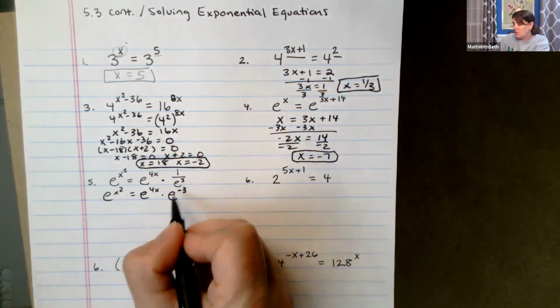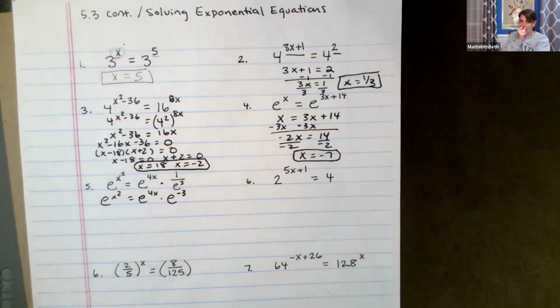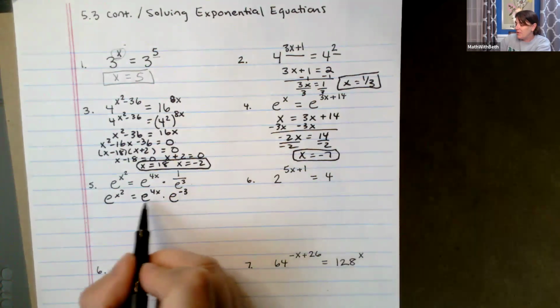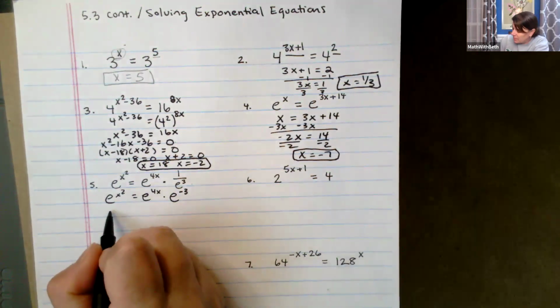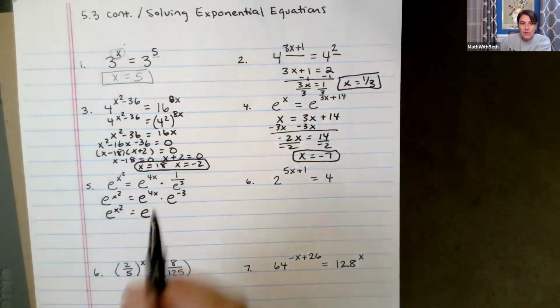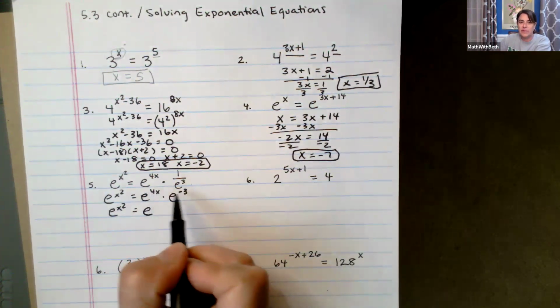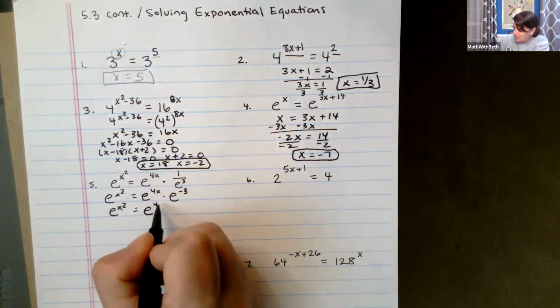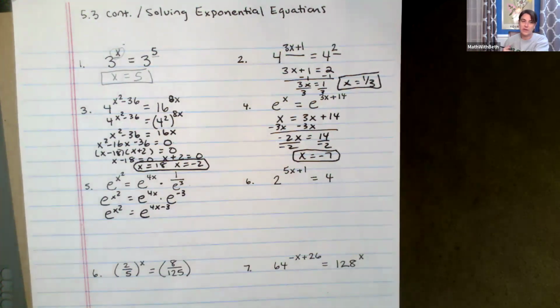So instead of a positive 3, I could bring this up top and make it a negative 3. And now they're next to each other being multiplied, so I can put them together as just 1, as long as I remember you can do that by adding. So 4x plus a negative 3 is basically just 4x minus 3.